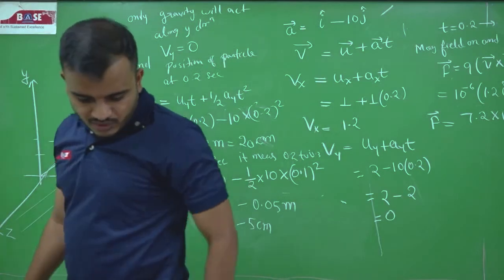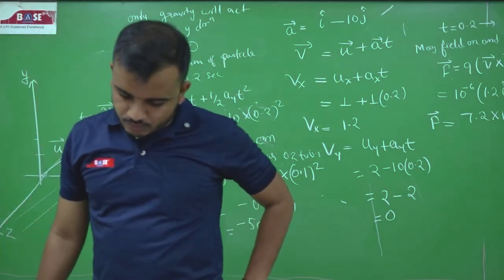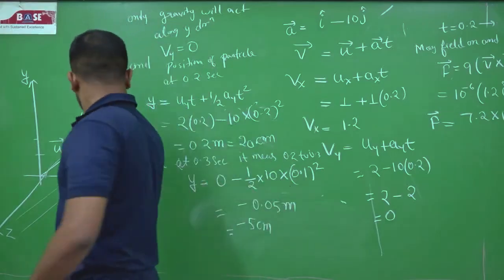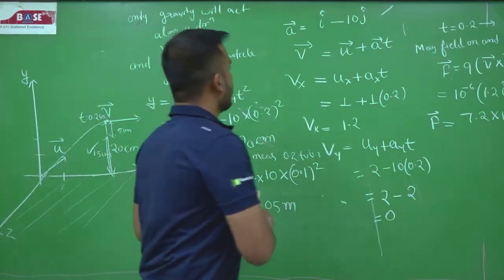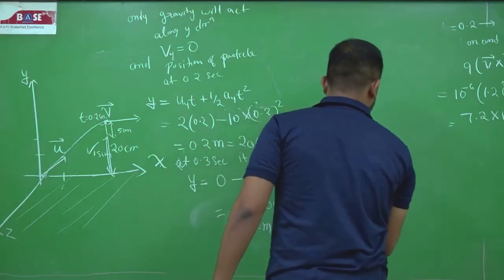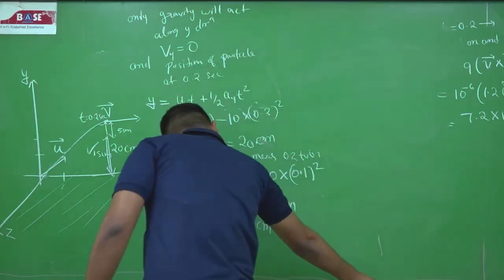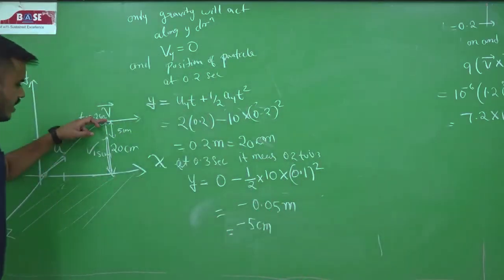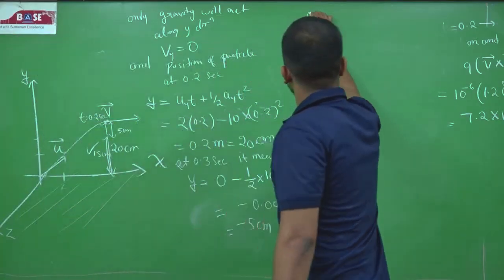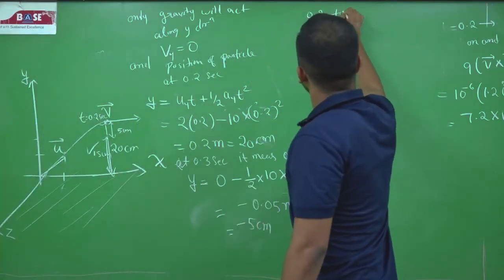Now the next option is the vertical distance of the particle from the xz plane at 0.4 second. So after 0.4 second, where is the particle? After 0.2 second the particle is here at 20 centimeter height. So we have to find from 0.2 to 0.4.